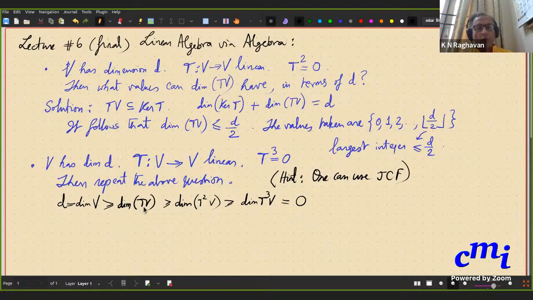So there are these two numbers in between. So I'm asking for this as well. So this is what is being asked. In addition, you can ask for this as well. What values can this take? The dimension of T squared.